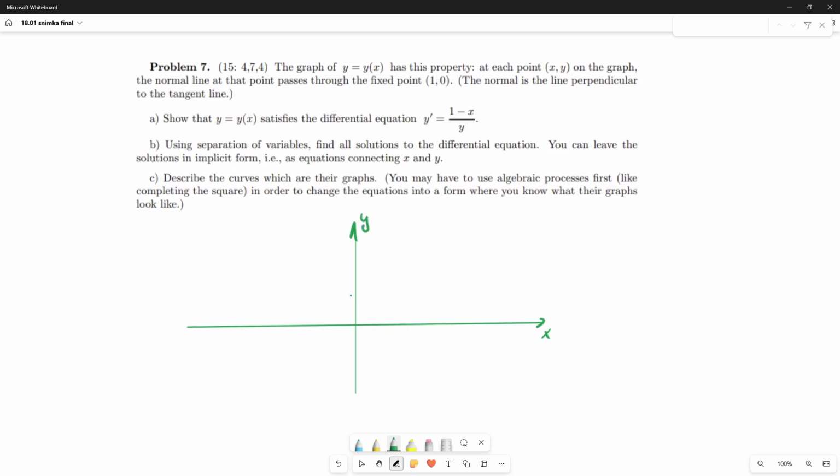Here is our coordinate system. Here we have the point P with coordinates (1, 0). And here we have a normal line which must pass through (1, 0).